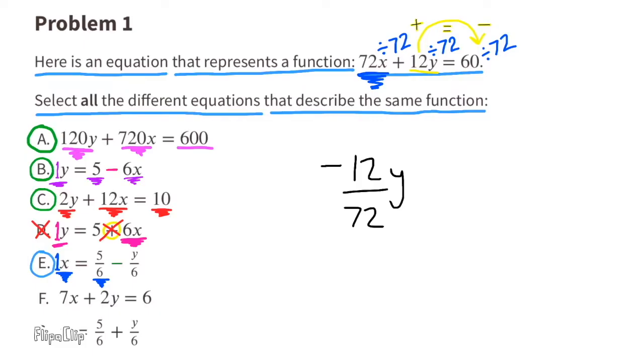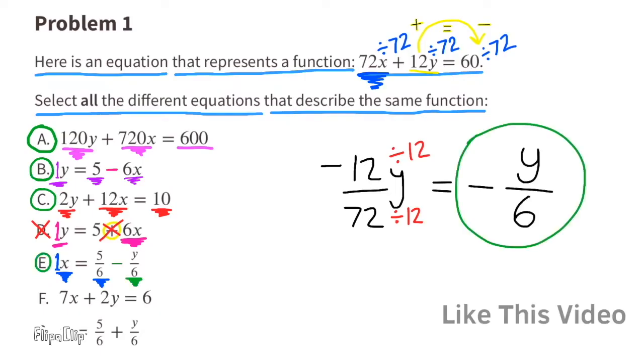Negative 12y divided by 72 is the same as negative 12y over 72. 12 goes into negative 12 evenly, and 12 goes into 72 evenly. So we can divide the top and the bottom by 12. Negative 12y divided by 12 is negative y, and 72 divided by 12 is 6. So E does follow the same function as the original equation.